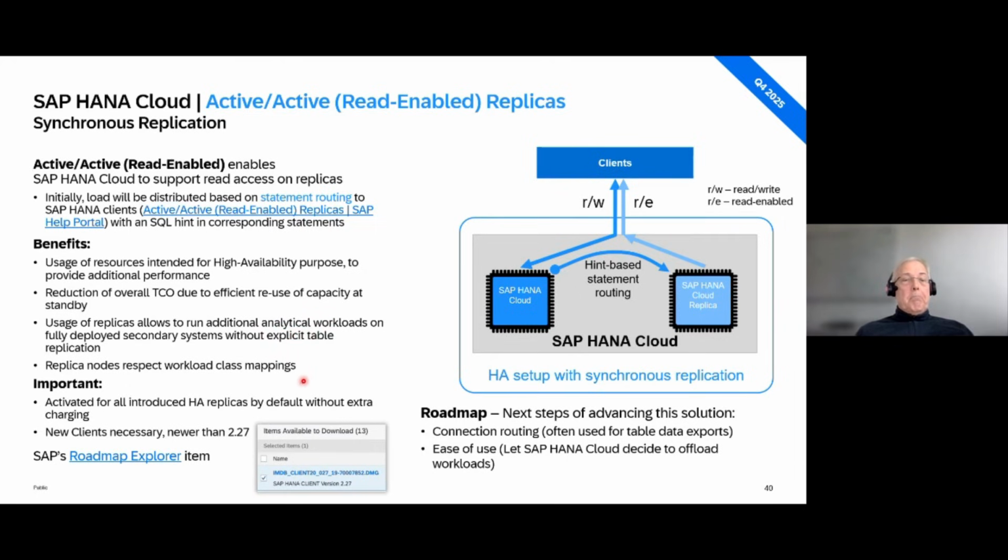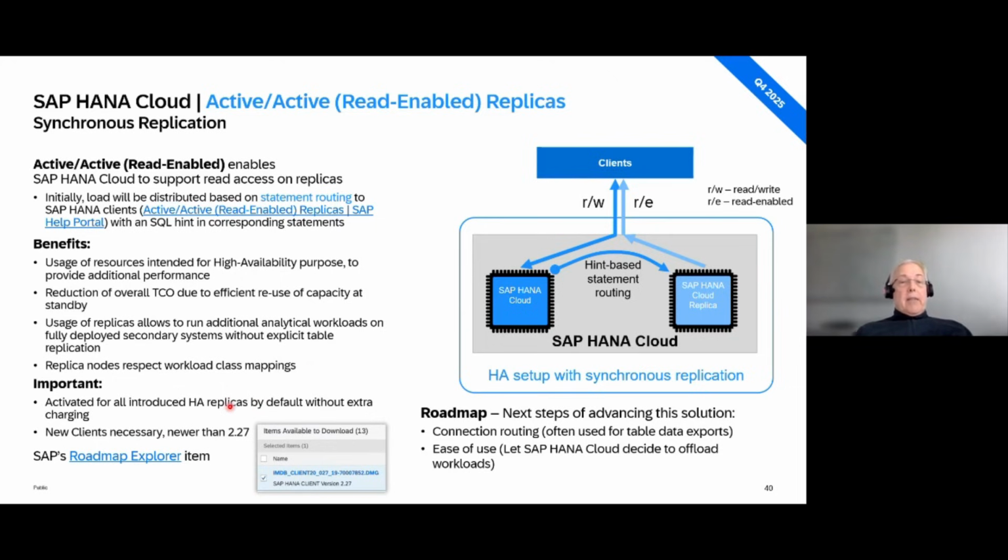And we also will introduce a workload class mapping for the replica, which is a major difference from the on-premise solution you might have used in the past, on-premise active read enabled. Now we also offer active in HANA Cloud, and we even extended it with a workload class mapping on this replica, which is very important.